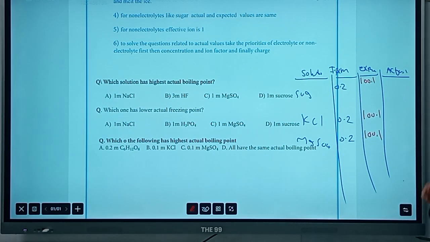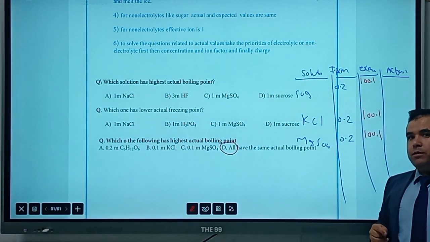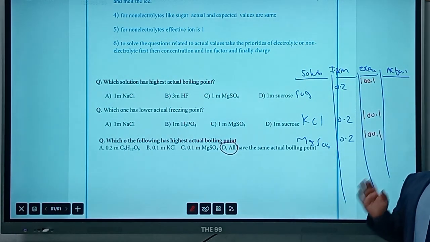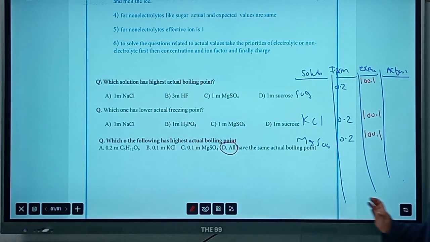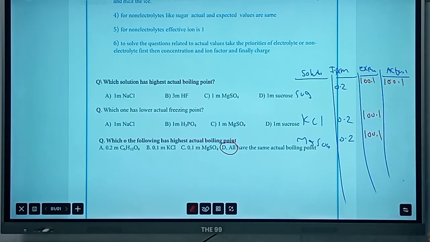Okay. How about the actual? D is correct, guys, if the actual is not stated, because they have the same expected boiling point. The actual of sugar is the same as expected, 100.1.